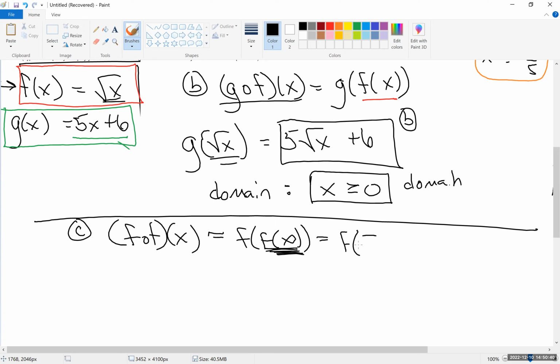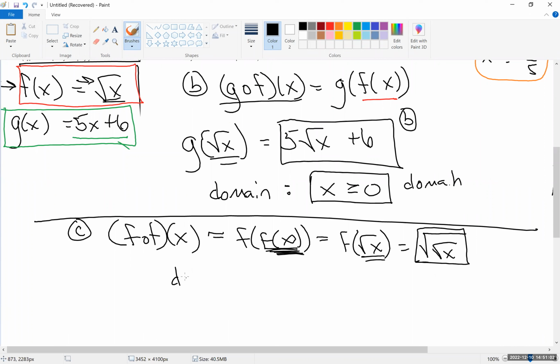So that's going to be f of the square root of x. Well, then we go to f. We see a square root, we write the square root symbol. And then we see an x, we write the square root of x again. So it's going to be the square root of the square root of x.